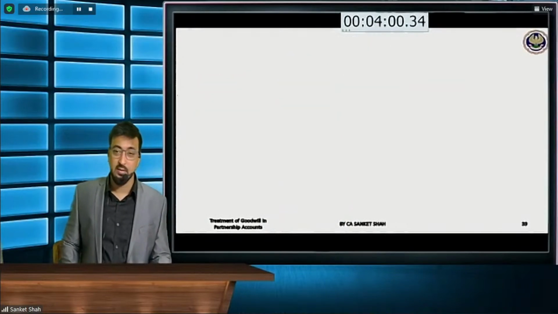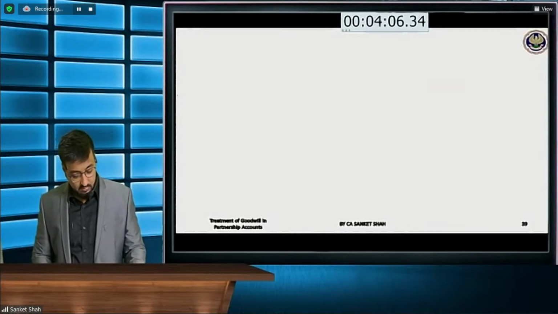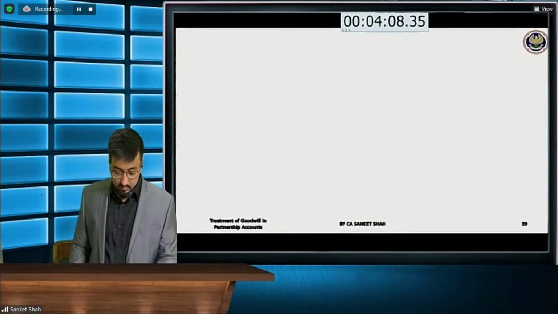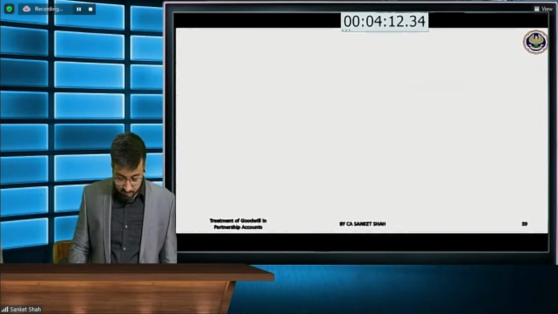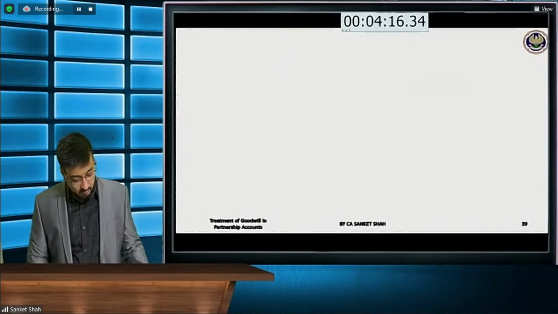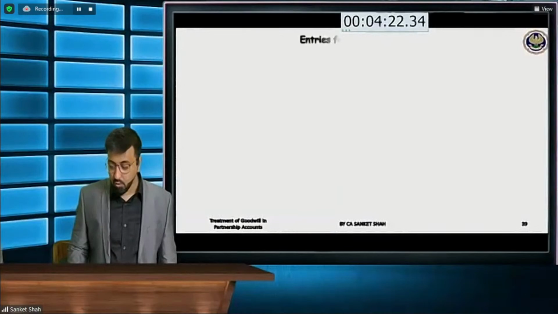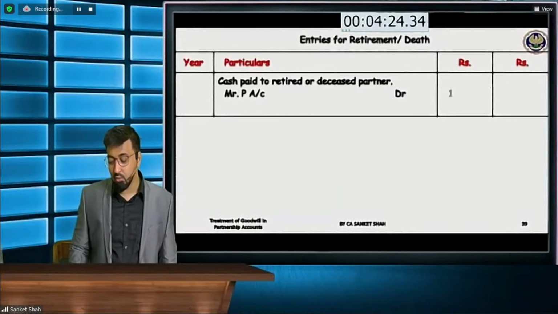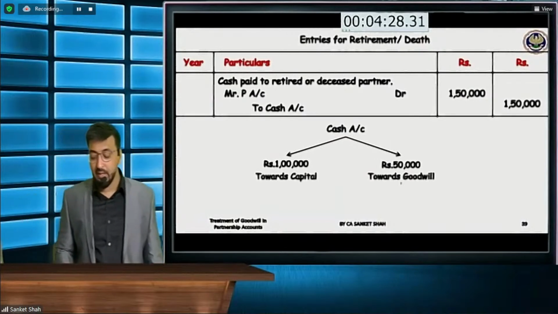Three partners became two partners. So what is the entry for goodwill? Yes, very good. SS, Mona to P. We have to pay the amount to P in cash, one towards capital and one towards goodwill.